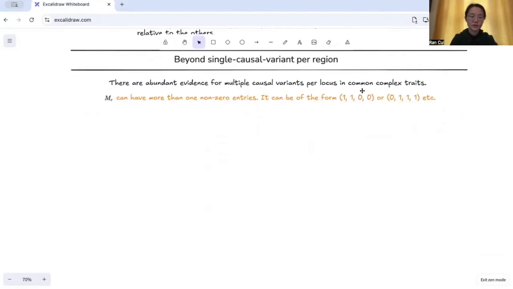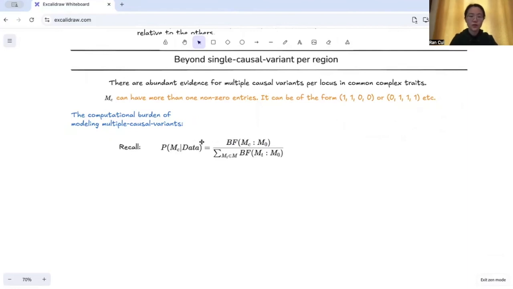The causal configuration can have more than one non-zero entry. It can be of this form or that form: two causal variants, three causal variants. It's all possible. I first want to be clear about the computational burden of modeling multiple causal variants, and then we'll talk about the solutions people use.